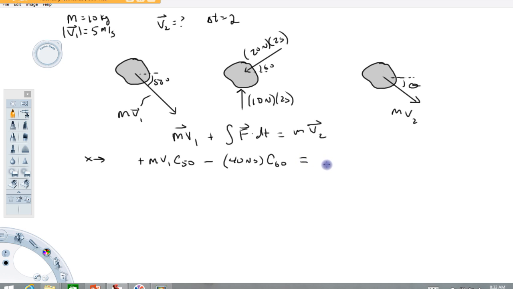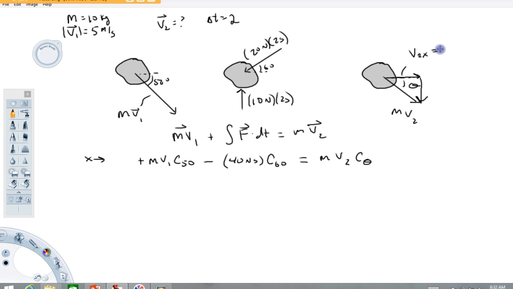Right hand side equals, the hypotenuse of this vector is mv2, and I want just the x component, so I'm going to multiply that by cosine theta. Where theta is unknown, we don't know what that is right now. Keep in mind that when we talk components, if I were to draw these vector components, they're right and down. And this is what we could call v2x.